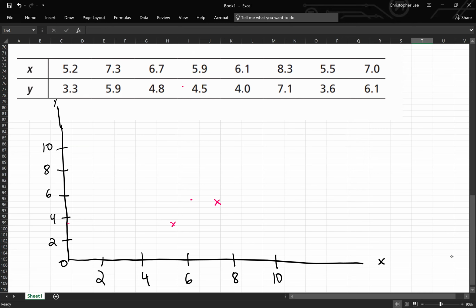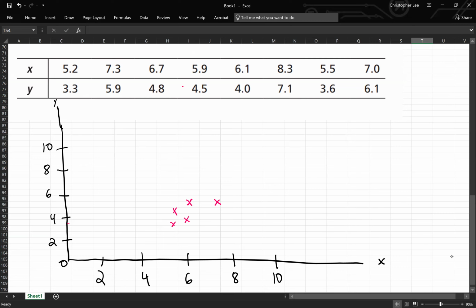I feel like that's here. 5.9, 4.5. I feel like that's here. It doesn't have to be perfect. Just do your best. All right, 1, 2, 3, 4. Next one, 6.1, 4.0. I feel like that's here.